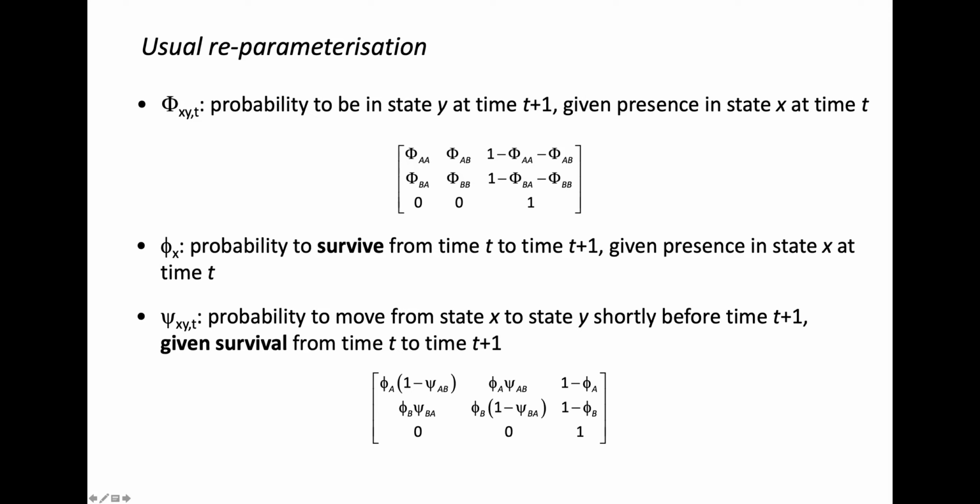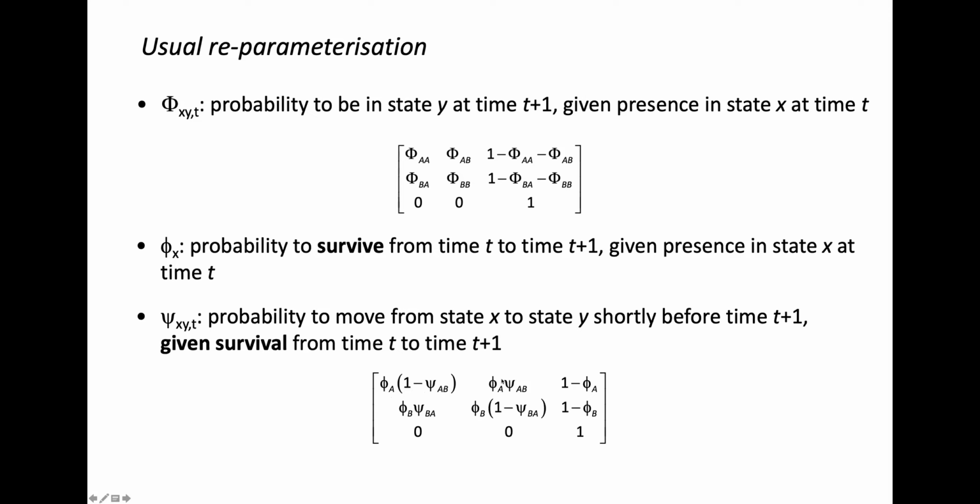Okay, so the same matrix here can be written again as this one. This probability, of being in state A at t plus 1, given that you were in state A at t, is the probability of surviving in state A over the interval and not moving from A to B, so 1 minus psi.